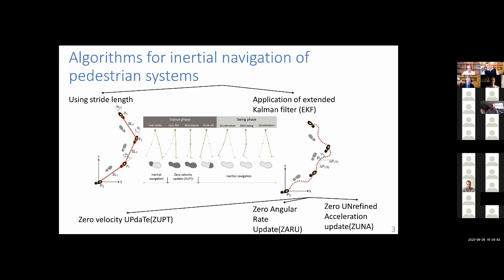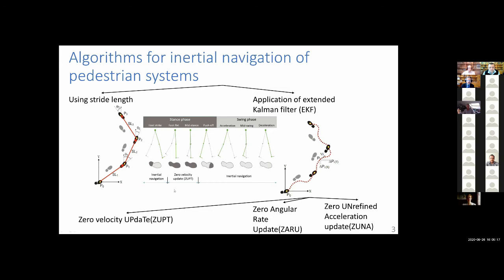But inertial models also have a number of disadvantages because it is known that they tend to accumulate error with time. So one of the approaches to recover from this error is to use zero speed correction, and a number of methods are targeted to deal with this problem.